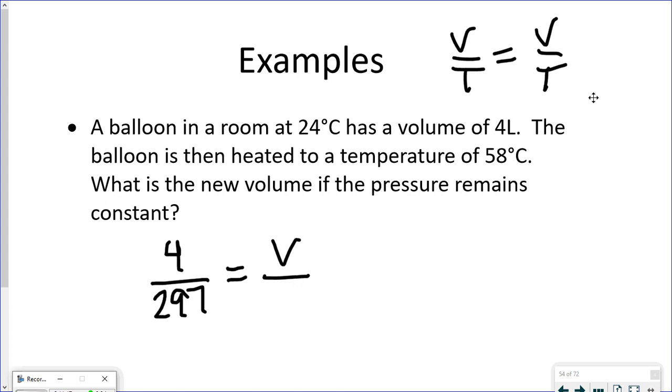And to solve for volume, you need to get volume by itself. So you would end up doing 4 divided by 297. And then to get volume by itself, you need to multiply by 331 on both sides. And that's going to give us a volume of 4.46 liters.